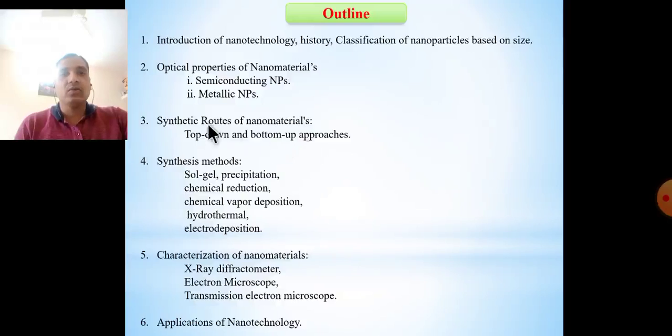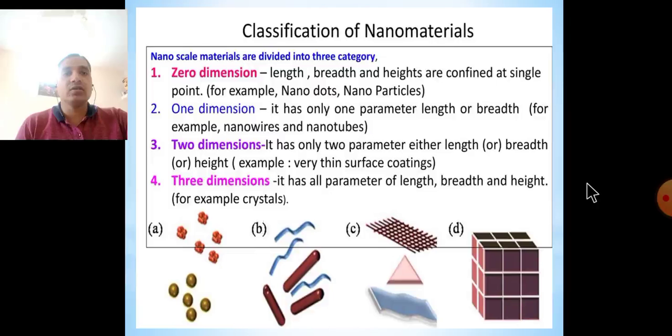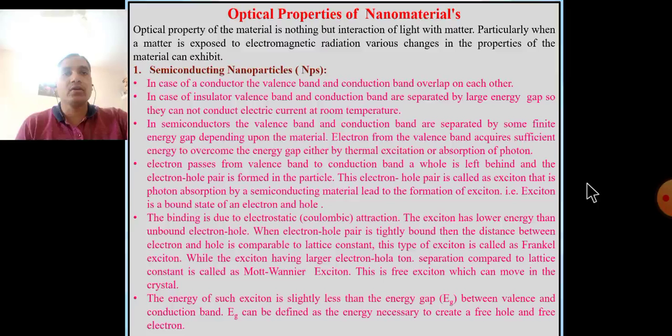In this video, we will discuss the synthetic routes of nanoparticles, that is the top down and bottom up approaches, and second, the synthesis methods. A total of 5 methods are discussed in this video: sol gel method, precipitation, chemical reduction method, chemical vapor deposition, hydrothermal and electro deposition.